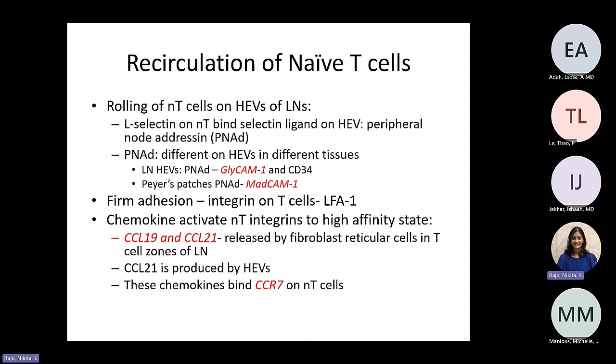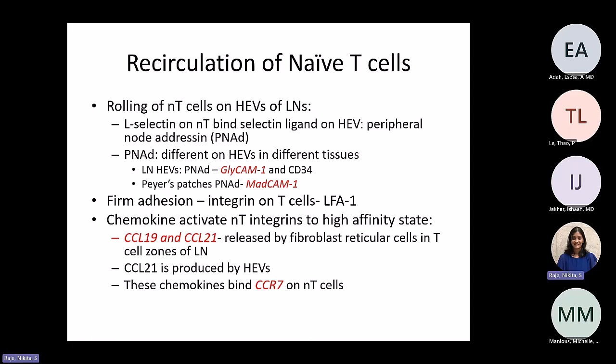Which means, for example, the lymph nodes that are in the gut might be different from lymph nodes that are looking for cells with L-selectin in another tissue. So typical ones, peripheral node addressins, are GlyCAM-1 and CD34. They can bind to their selectins or integrins and attract more cells, naive T cells that have L-selectin on them.